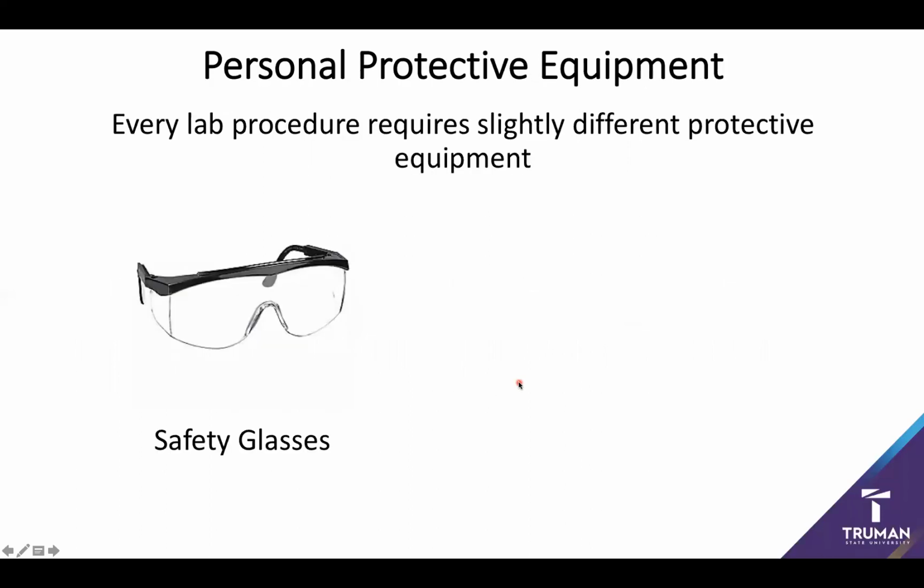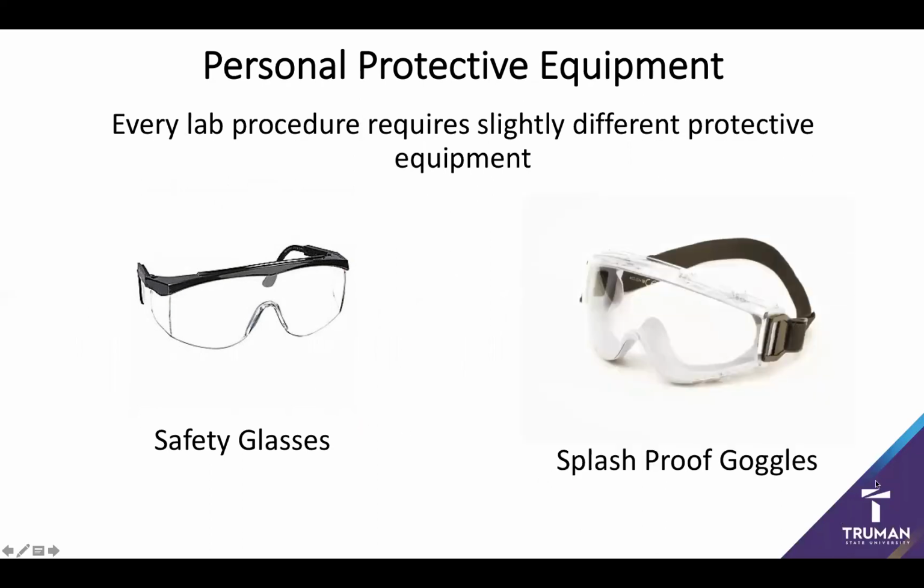Now, one of the other important things is this PPE procedure, because every lab procedure requires slightly different protective equipment. This has been a topic that we've talked a lot about lately here at Truman, and this is the difference between safety glasses and splash-proof goggles. It's worth noting that both have their place. Safety glasses are essentially for use when you're working with mechanical dangers.